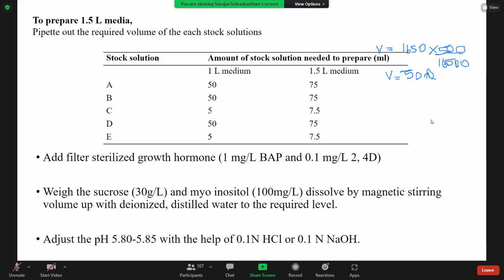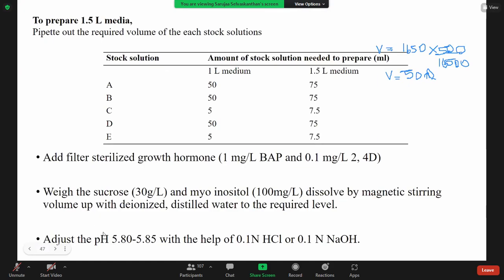We have to measure the pH, and we have to adjust the pH to 5.8, 5.75 to 5.85 is okay. We have to adjust the pH until 5.8. If the pH is low, we can add a little bit of NaOH, right?